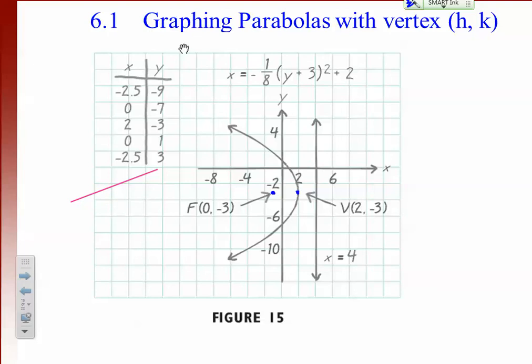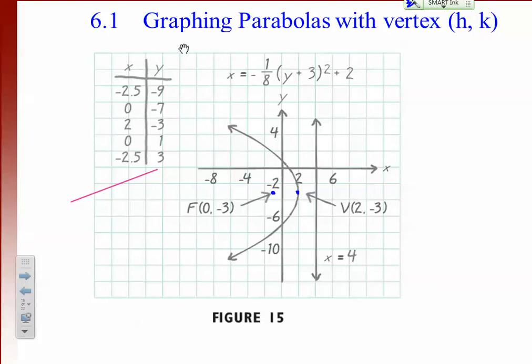So you want to graph points. We can start out with y equals 0, but y equals 0 doesn't do too much for this one. It's actually not a great point. We want numbers that make some nice numbers over here. So we have the 2, negative 3 for the vertex.